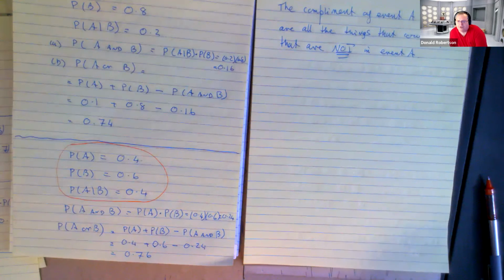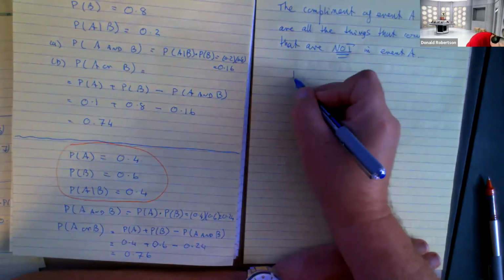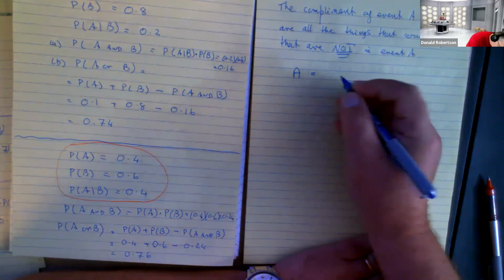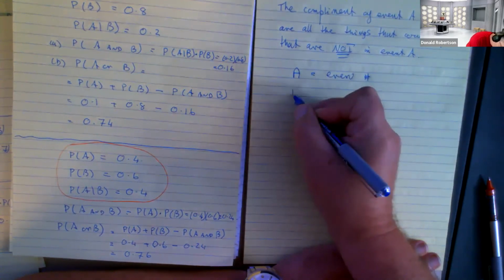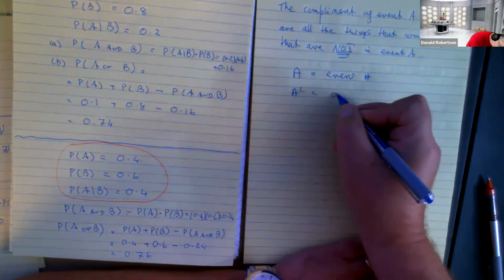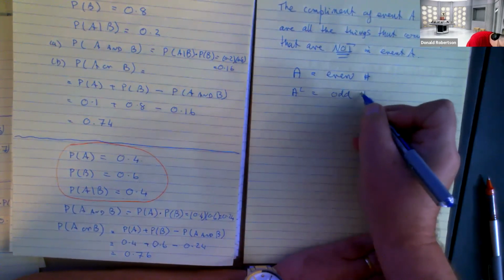Which is just a long-winded way of saying, isn't the complement of A not A, right? Whatever's not A. So, for instance, if A was rolling a dice and getting an even number, won't the complement of A be getting an odd number?